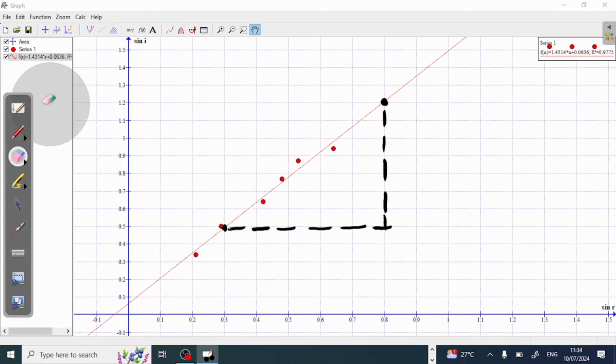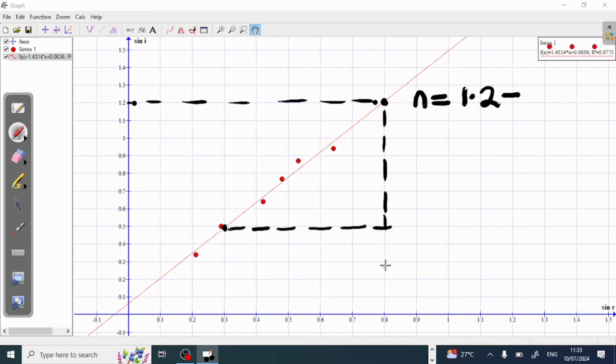Let's pick out the values. By the way, in this case, your slope is actually n. So n is equal to sine i2, which is simply this value here. This top one you have here, trace this way. If I trace this point, it's about 1.2, minus sine i1 from here. I will trace this way, which is about 0.5, all over sine r2 from here.